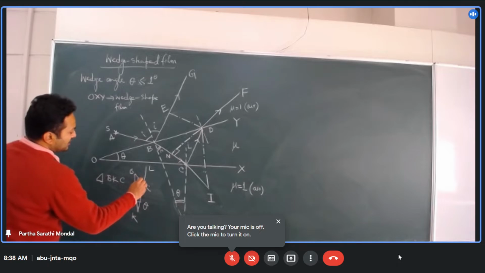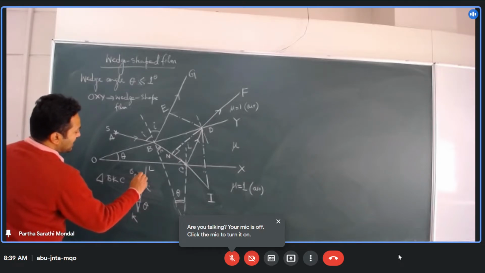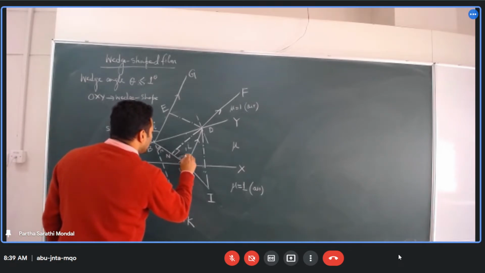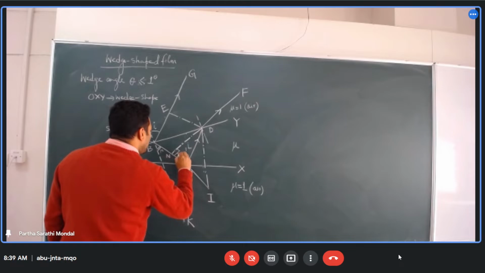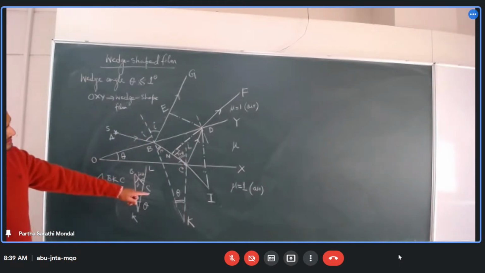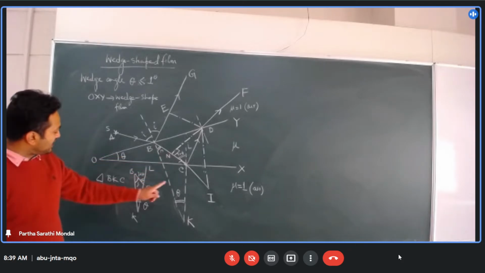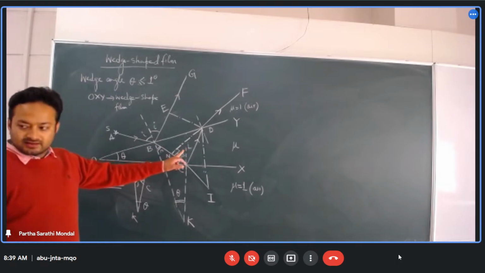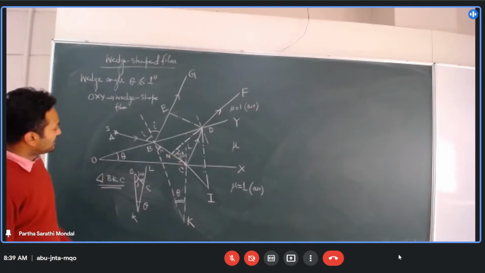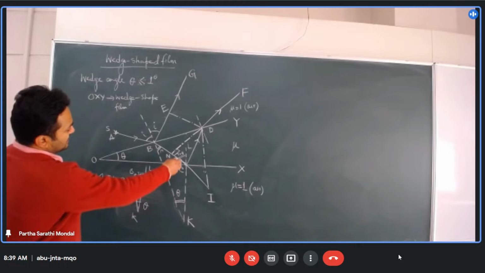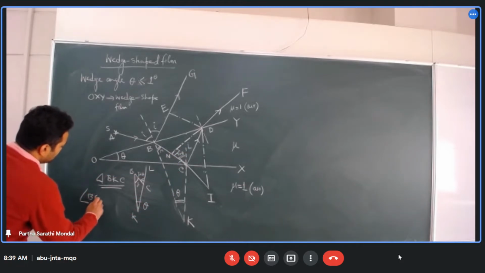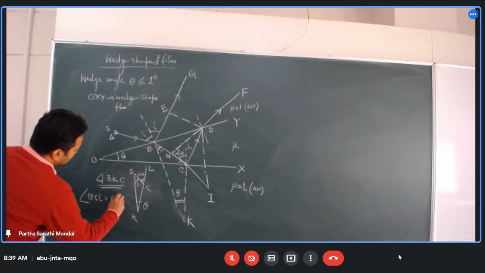So this is actually your external angle. So this is r plus theta. So similarly, this angle will become r plus theta. Do you understand? So these two are the internal angles of triangle BKC and BCL. This angle is actually your external angle. So angle BCL equals r plus theta.